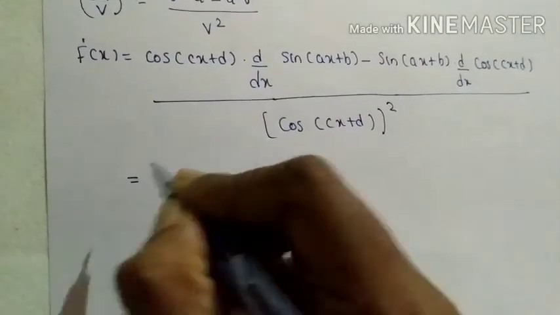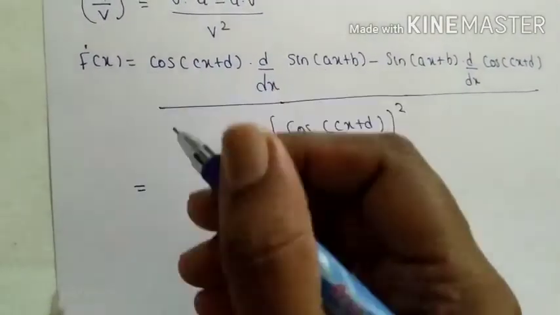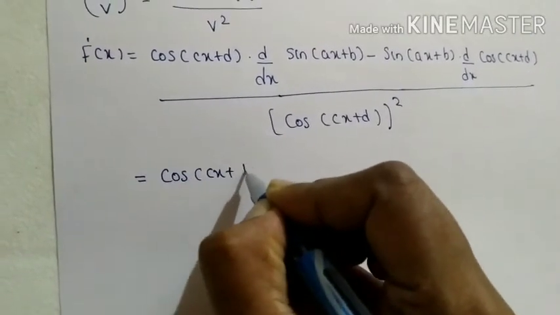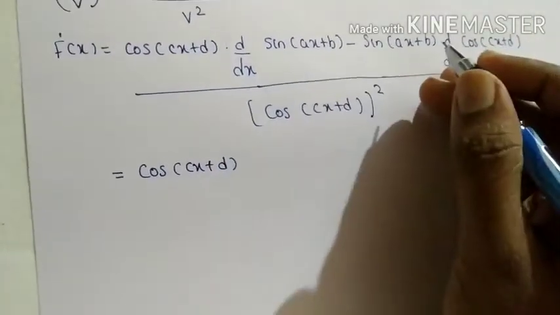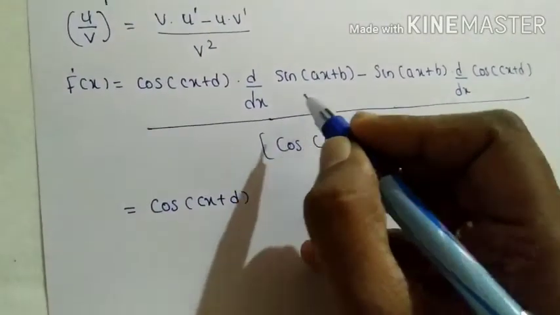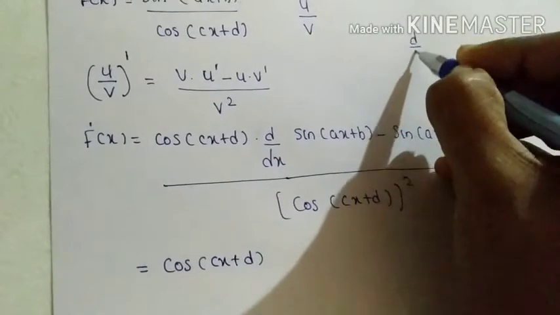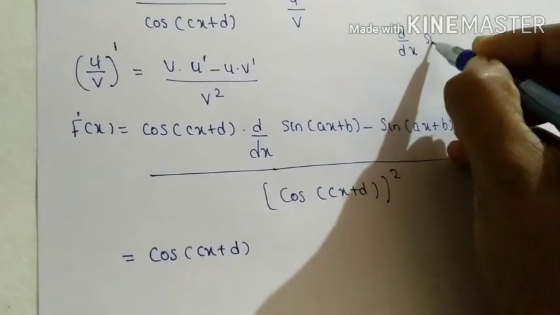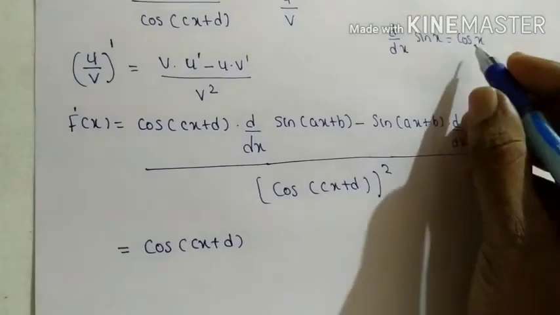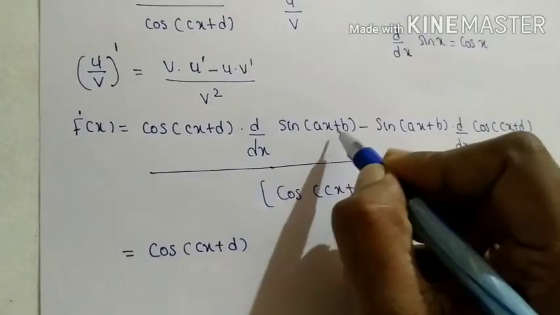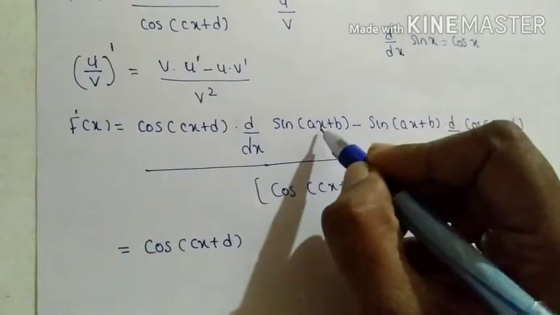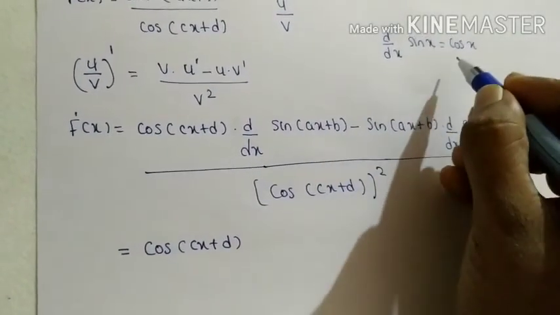which will be equal to cos of cx plus d, which will remain the same, into derivative of sine ax plus b. We know that the standard form of the derivative of sine x is cos x. Here we need to find the derivative of sine ax plus b, which will be equal to cos of ax plus b.